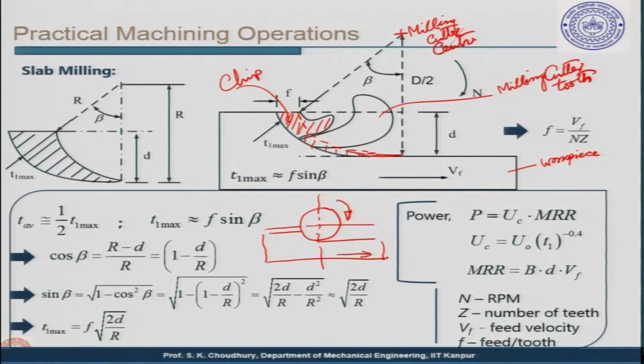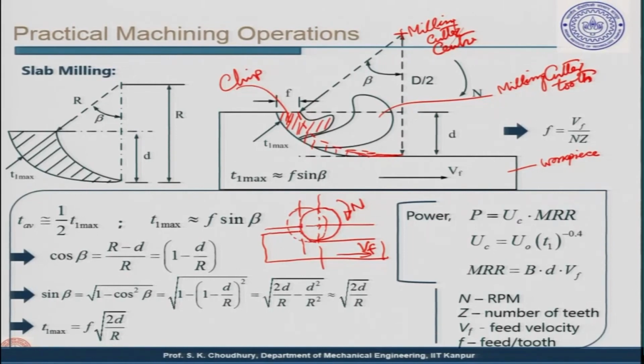When the feed is given, let us say this is Vf and this is N. Now let us simulate that the milling cutter is rotating. The milling cutter will have the next position as this, here to here.